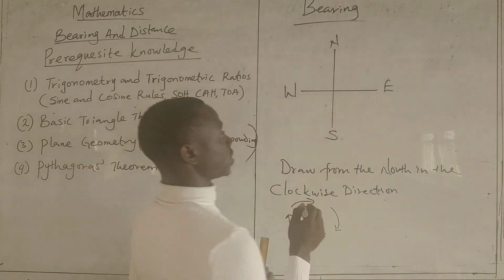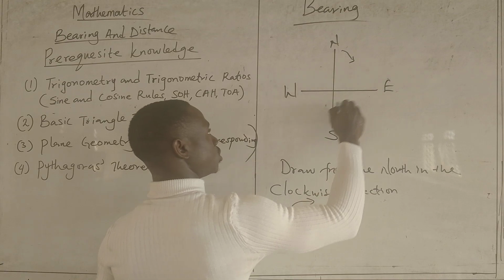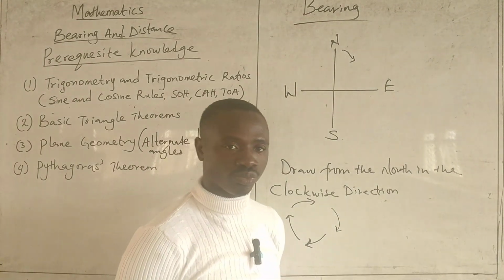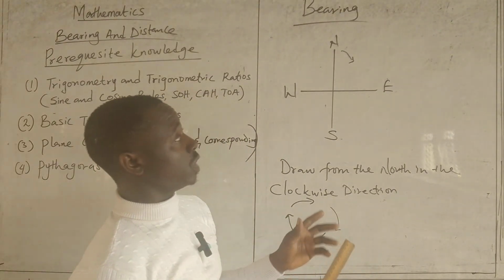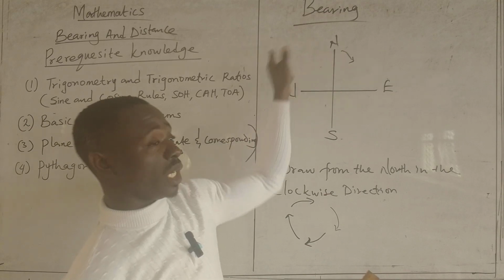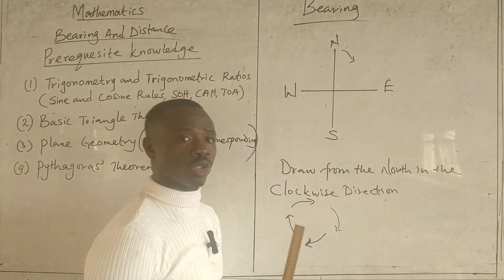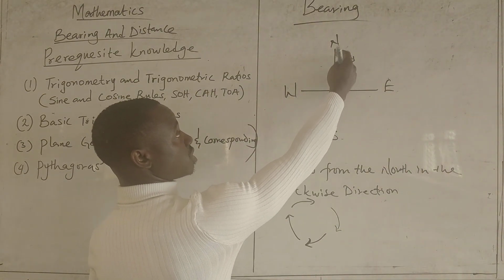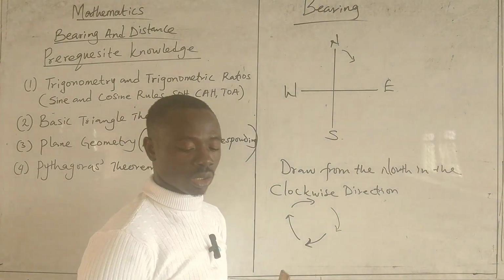So if here is the north, you are always going to be drawing from here, this way, and this way. Not in the anti-clockwise direction. It is when you are dealing with trigonometry that you draw in the anti-clockwise direction. But when you are dealing with bearing, your angle must always start from the north in the clockwise direction.